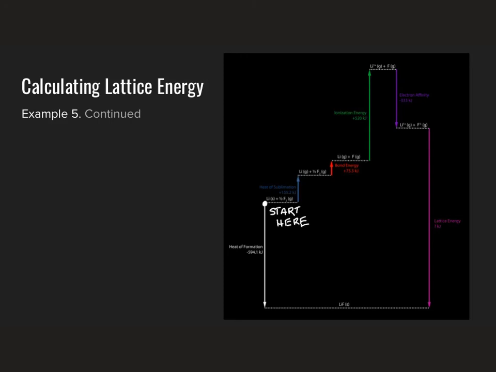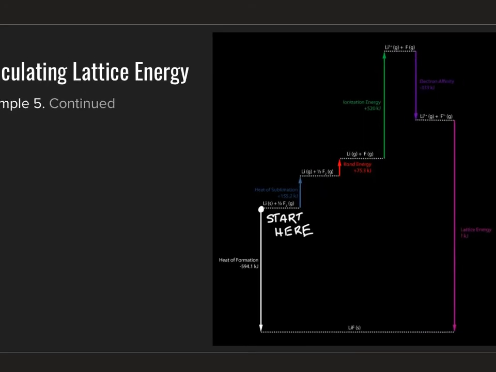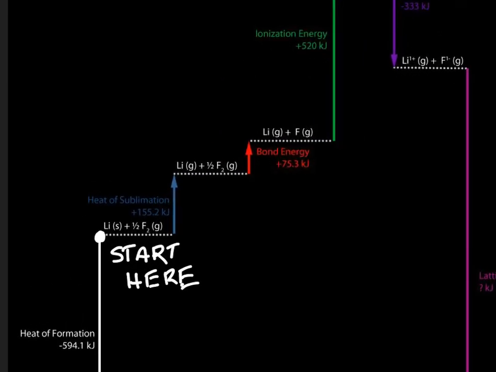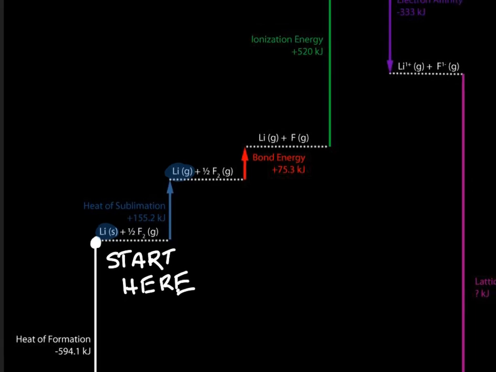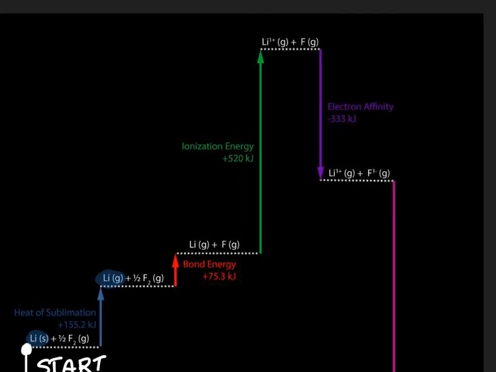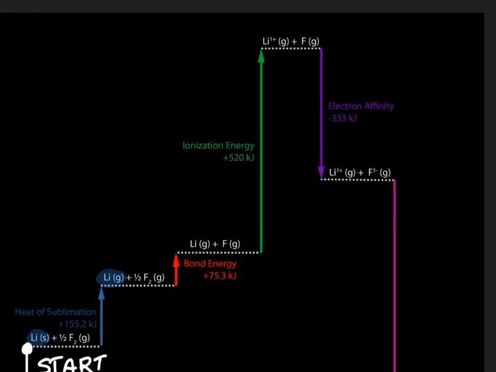Walking through those steps, if I start with lithium solid plus 1/2 F2 gas and undergo the heat of sublimation process for subliming lithium from a solid to gas phase atoms, you see that we go up 155.2 kilojoules per mole of lithium sublimated. That leaves us in a new state in which we have lithium gas phase atoms and the fluorine gas.